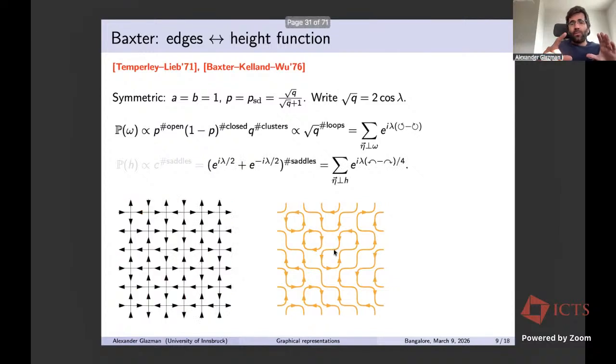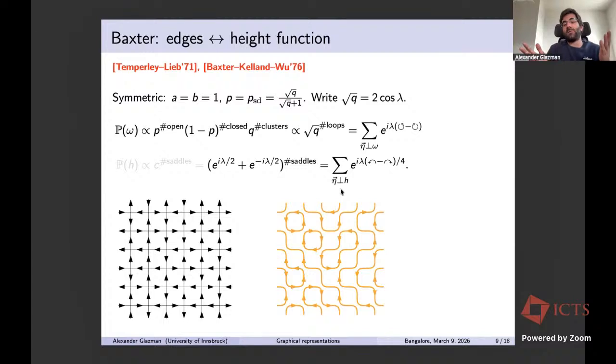And now each loop you can cut into different arcs. The point is that afterwards you merge the two neighboring arcs together at every vertex, and if they're oriented in different directions, then the product is 1. So maybe the key step is that each loop which is oriented clockwise receives weight e to the i lambda, and it has 4 more right turns than left turns.